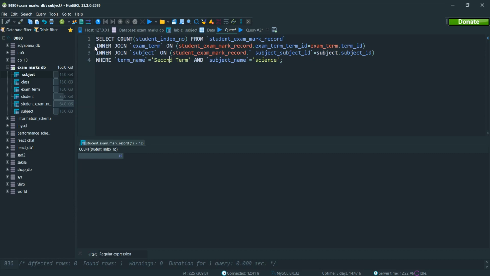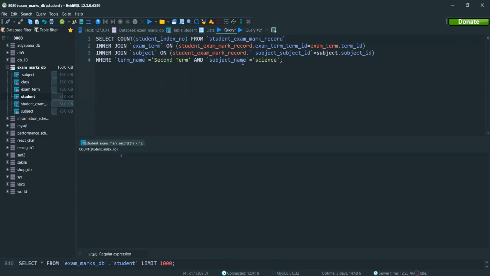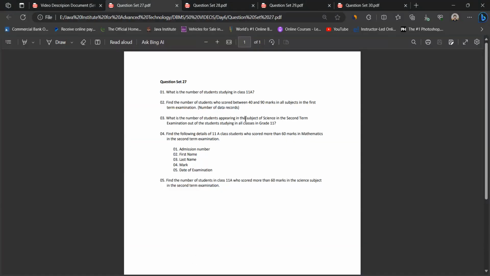Here we have used two inner joins. Let's see the result. So the count adds up to 8. So here you can see in the student table there are 8 students, and out of those 8 students, all the 8 students have participated for the second term exam.